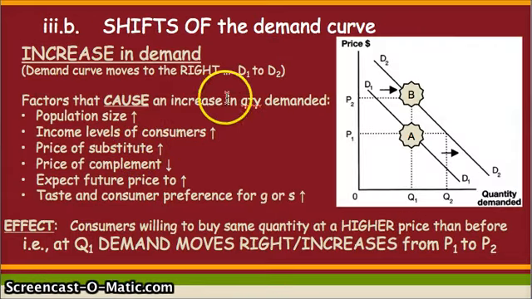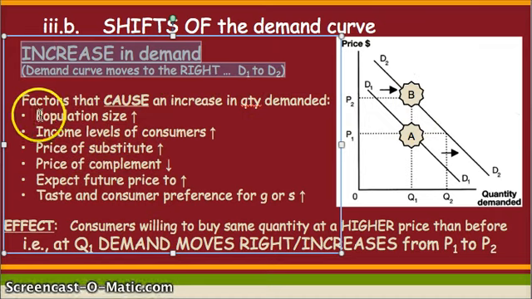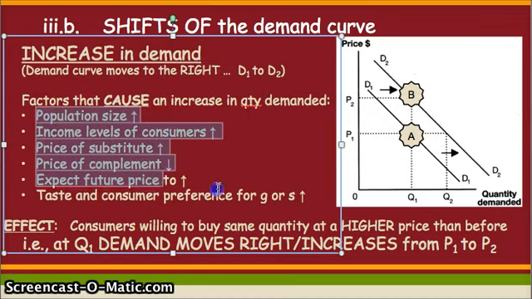So if we look at the shifts of the demand curve, first thing is when there's an increase in demand, the demand curve moves to the right. So D1 has moved out to D2. And the factors that can cause an increase in the quantity demanded, all of those other things that we talked about, but now specified towards what would cause the increase. Remember, all of the non-price factors.